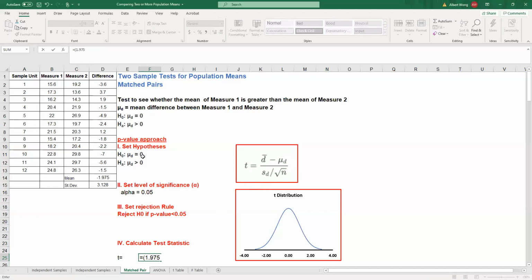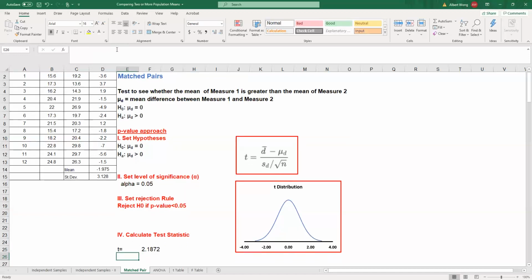The hypothesized value in this case, of course, is 0, divided by the standard deviation of the difference, which is 3.128, divided by the square root of the sample size. The sample size in this case is 12 sample units, so divide by the square root of 12, and so the t, of course, is equal to 2.1872.